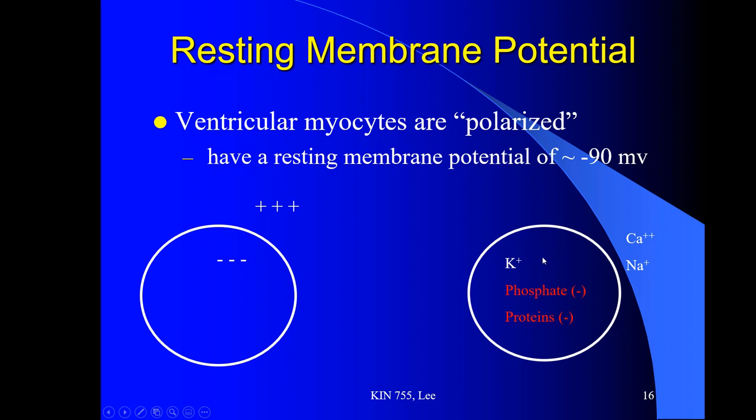And I don't want to get too much into this because this is a discussion for another class, but in cardiac muscle cells, and this is true for most cells of the body, the cell membrane is most permeable to potassium at rest. So you get a lot of this potassium leaking out. That's going to make the inside of the cell more negative. And that's pretty much the main reason we get this negative resting membrane potential.